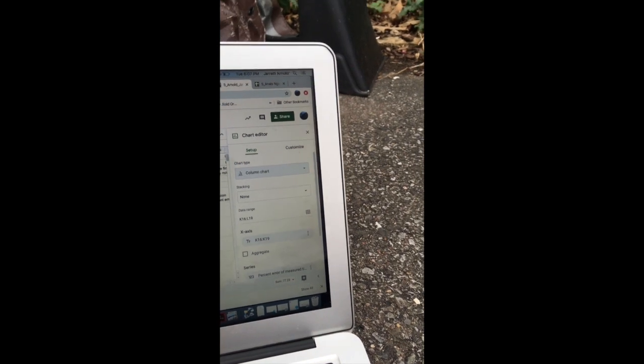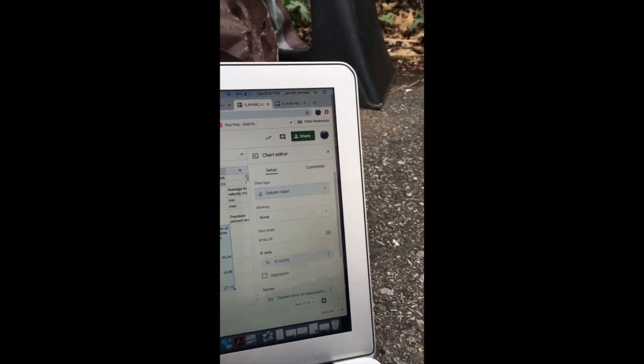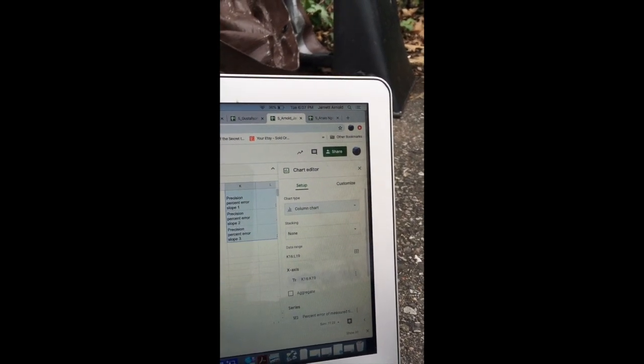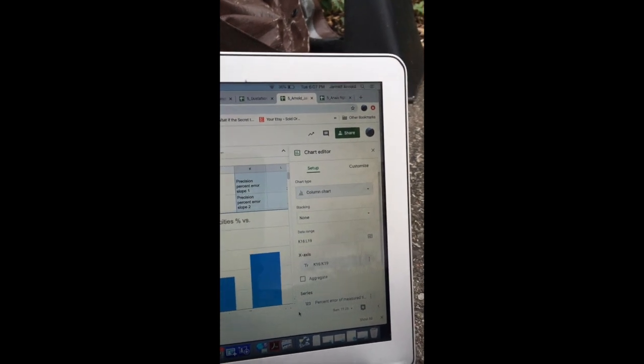I'm going to insert a chart. I don't like that. I want to change that. I want a bar graph. There we go. I can look at that. Nice. All right. Well, I'm ready to write a data section. That's neat. And that only took me 20 minutes, all told.